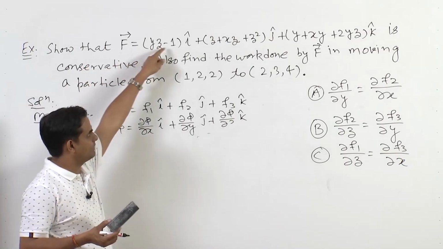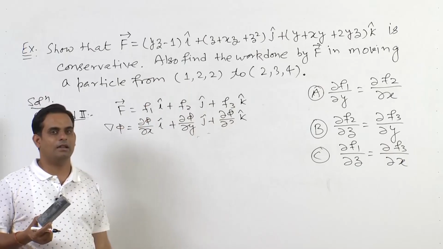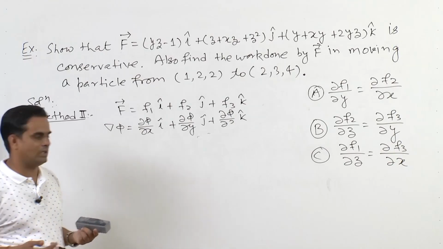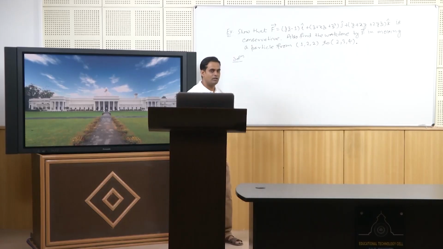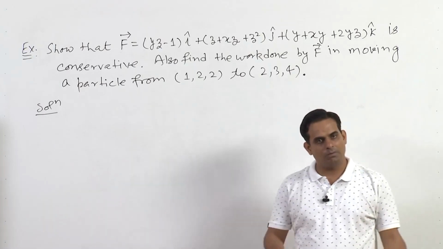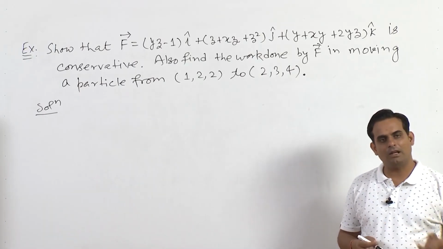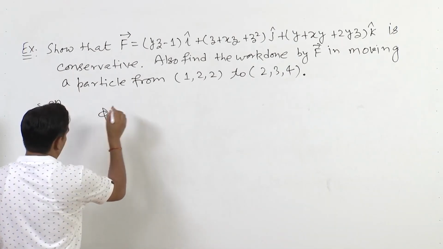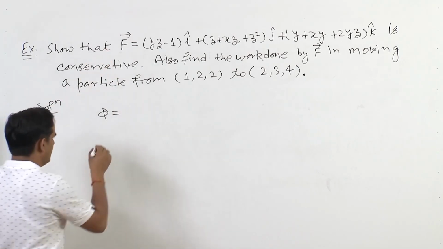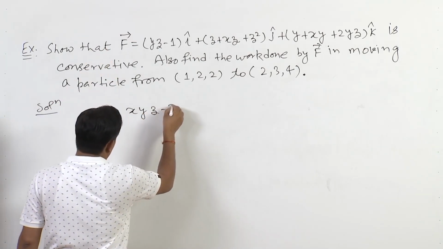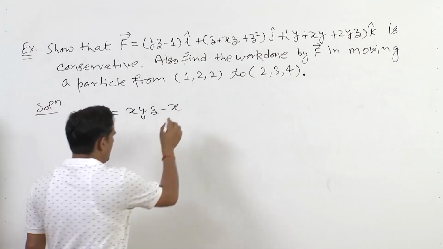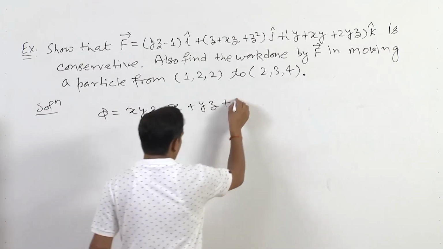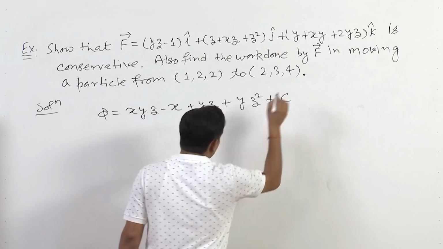And if you see in this example, all these three conditions are satisfied and hence you can say that F is conservative. My third way is to find out the potential function phi such that F equals grad phi, and if I do it, phi comes out to be in this case for this vector field as xyz minus x plus yz plus yz square plus constant c.